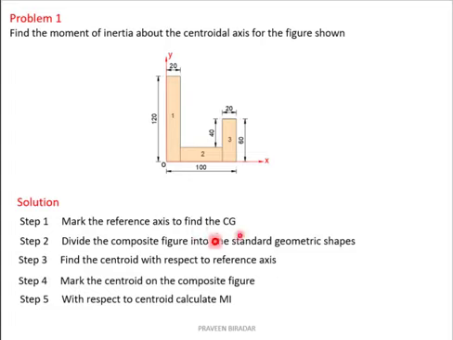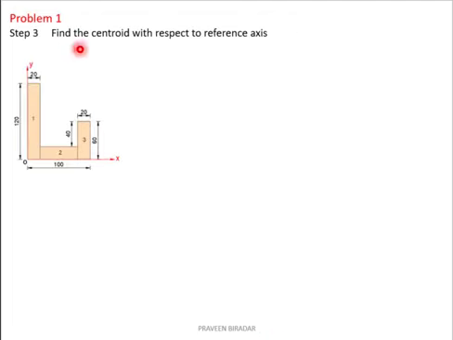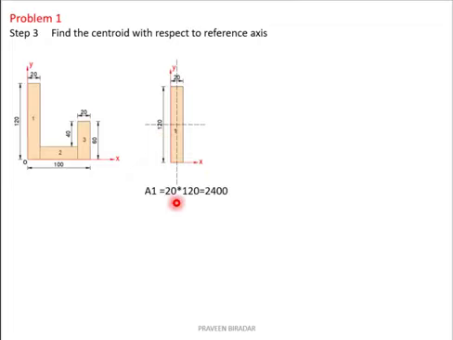First step is over, second is over, third we need to find the centroid with respect to the reference axis. I have divided it into three parts, 1, 2, 3. First part is 120 depth, 20 width. Area A1 is 20 into 120, x1 is 20 divided by 2, y1 is 120 by 2.